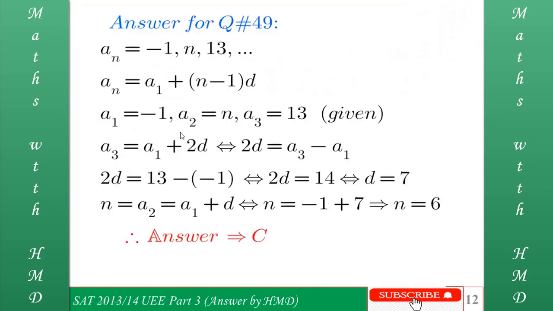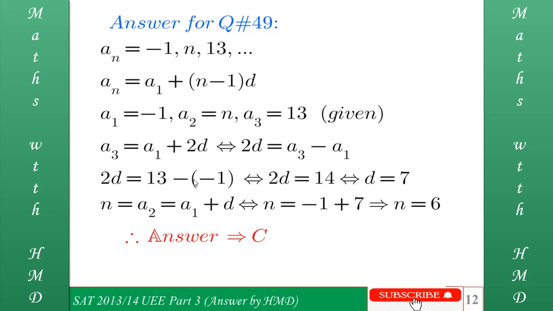So now a3, which is 13, implies a1 plus twice of d, right? So twice of d is equal to a3 minus a1. So twice of d is equal to 13 minus of -1, and twice of d becomes 14, which is 13 plus 1, and it's going to be 14. So divide both sides by 2, then it becomes d is equal to 7.